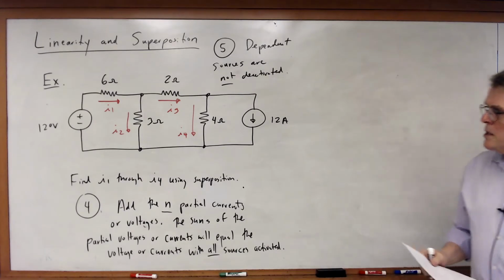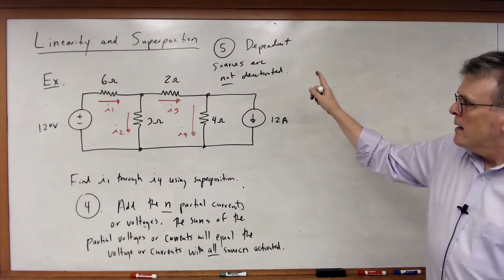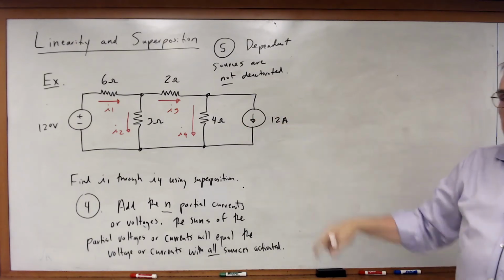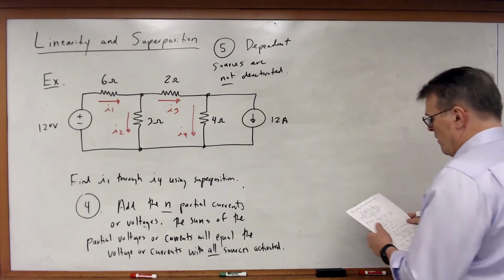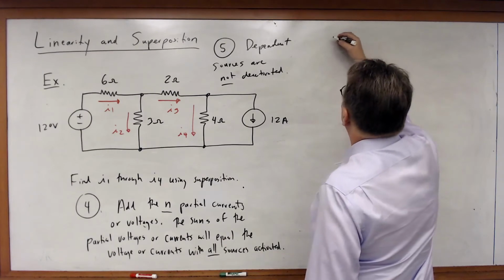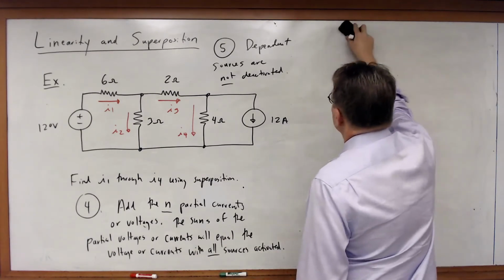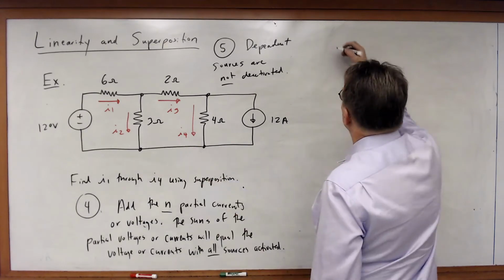Okay, so let's begin by keeping the 120 volt source, and let's zero out the 12 amp source. So let's do a partial circuit due to the 120 volts.